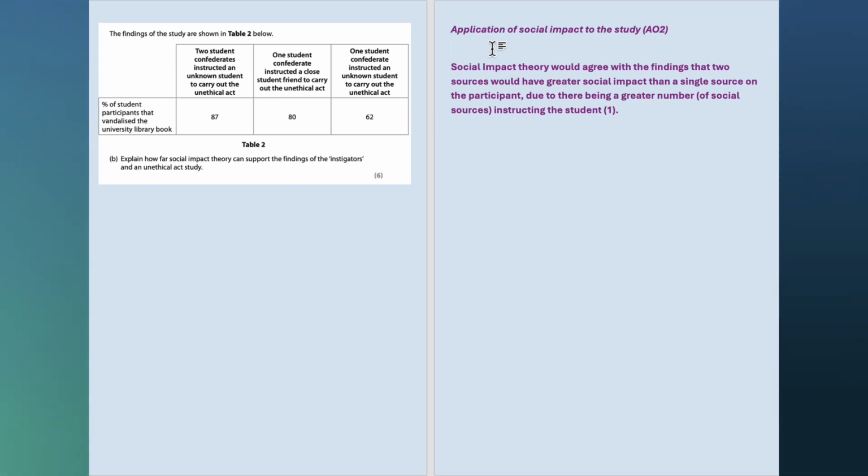Social impact theory would agree with the findings that two sources would have greater social impact than a single source due to there being a greater number of social sources instructing the student. So we are clearly showing we understand what social impact theory is doing, but we're also showing that we are linking it back to the scenario.